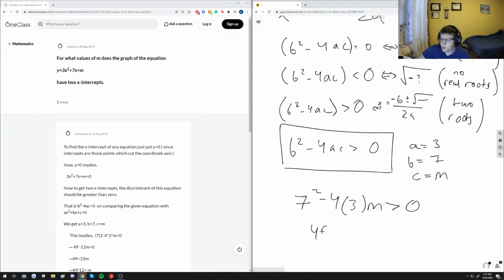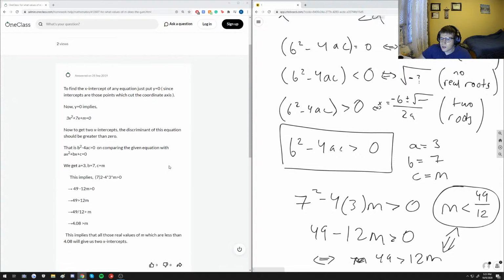Or in other words, 49 minus 12m is greater than 0. So this means that 49 has to be greater than 12m, which is the same thing as m having to be less than 49 over 12.